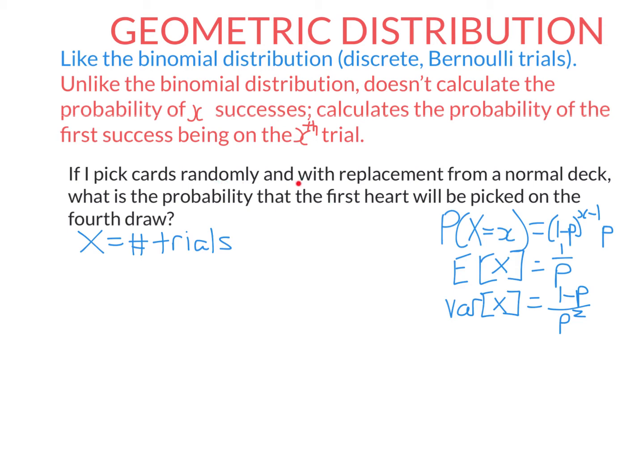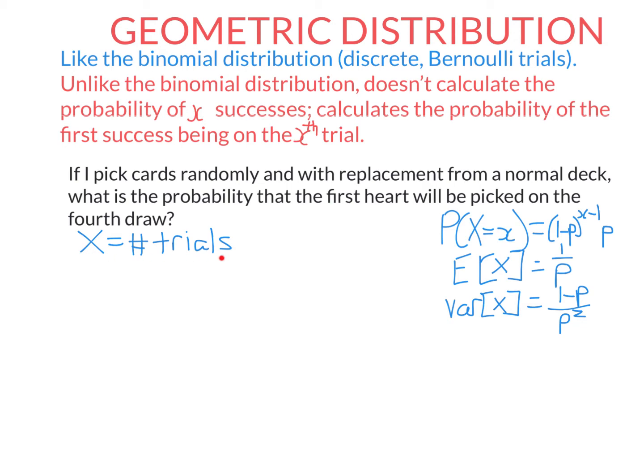Picking cards randomly with replacement from a normal deck of 52, no jokers. What's the probability the first heart will be picked on the fourth draw? Here, we're not calculating the probability we will get a certain number of hearts as we did with the binomial distribution. We're figuring out the probability that the first heart will be drawn on a given trial.